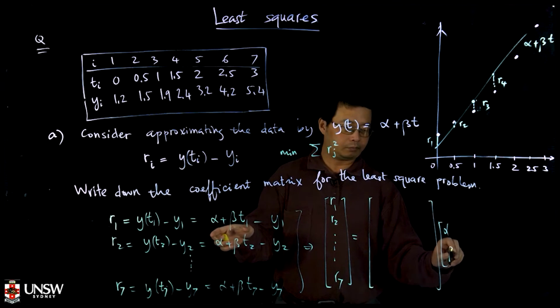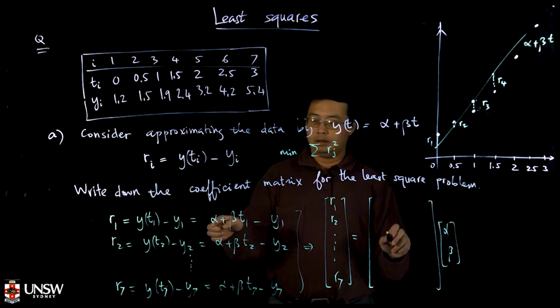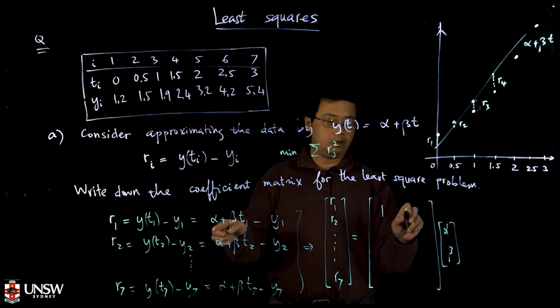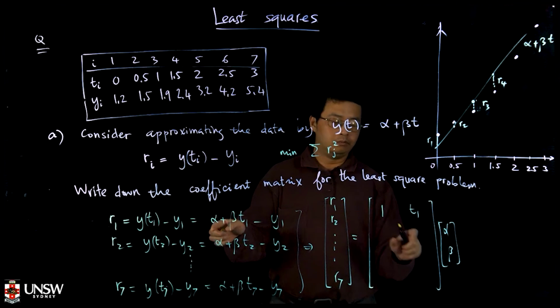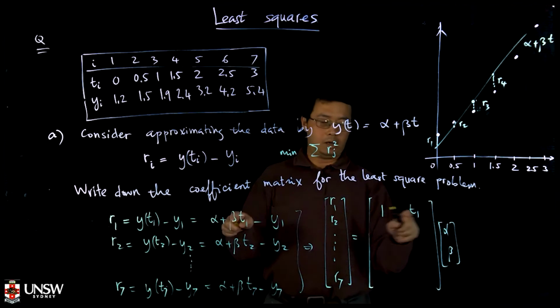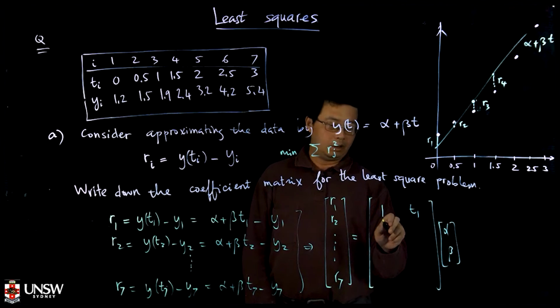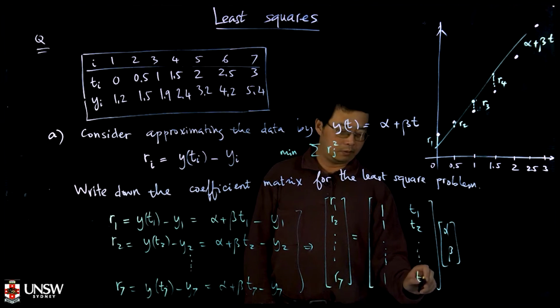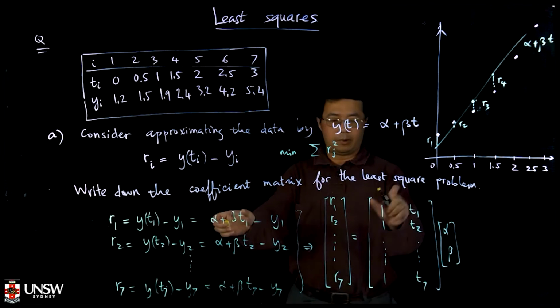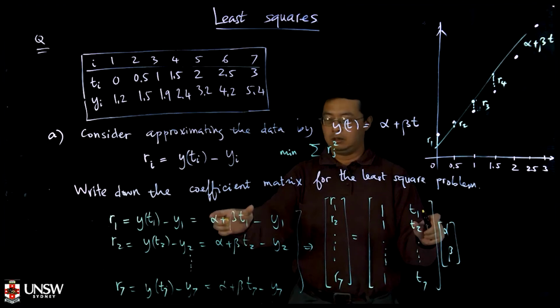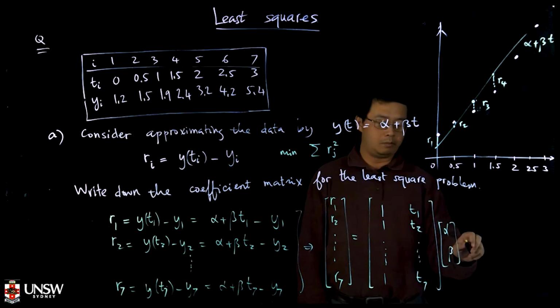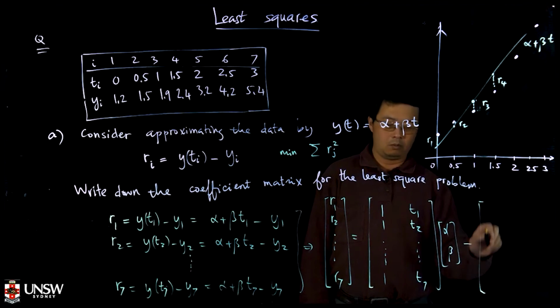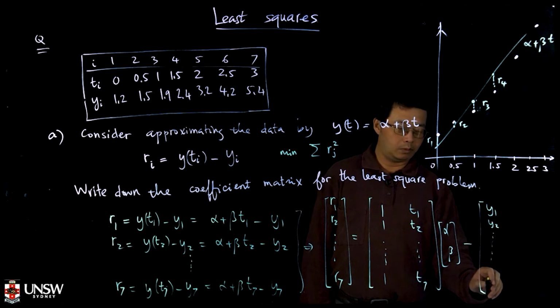This part is just 1 T1, so the 2 columns are 1 alpha plus T1 beta, and then 1 T2, and so on, up to the last one, 1 T7. And then minus Y1, Y2 up to Y7.